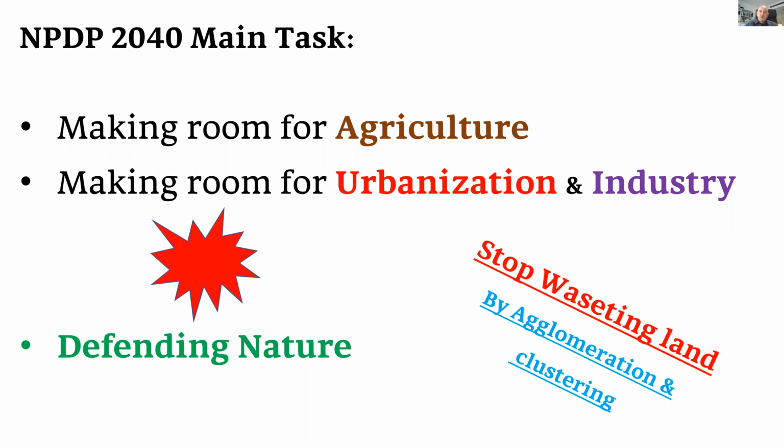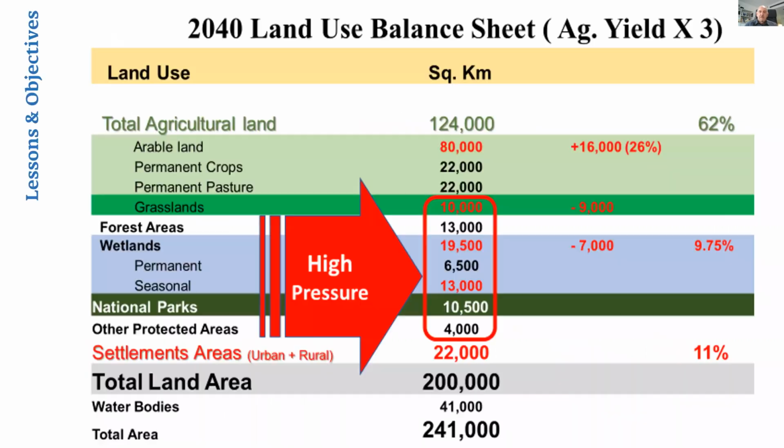But the main issue is not this. The main issue is that we are highly pressed by the demands for arable land for agriculture, for urbanization, settlement areas. And this is going to be coming from grasslands and wetlands.